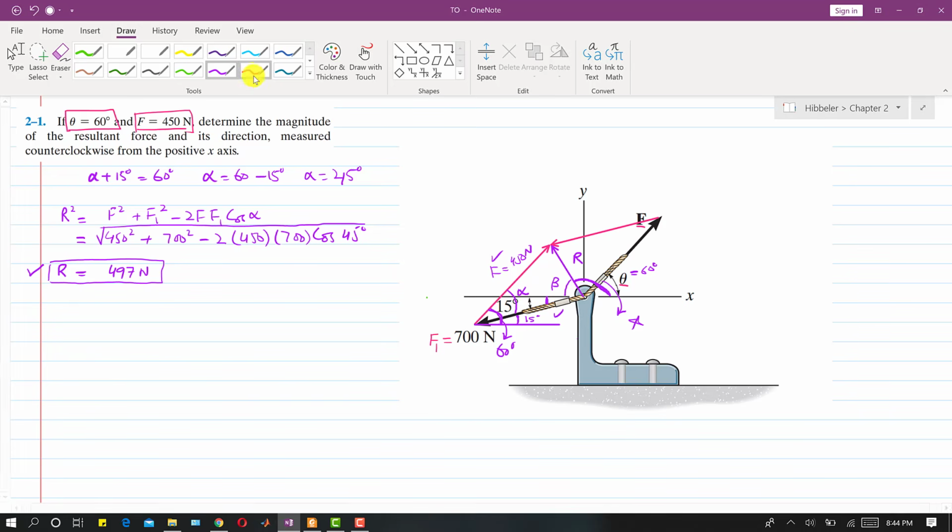So what will be this angle? This whole red angle will be equal to beta plus 15 degrees. So now we know this force magnitude, we know this resultant, so we know the three sides of this triangle.